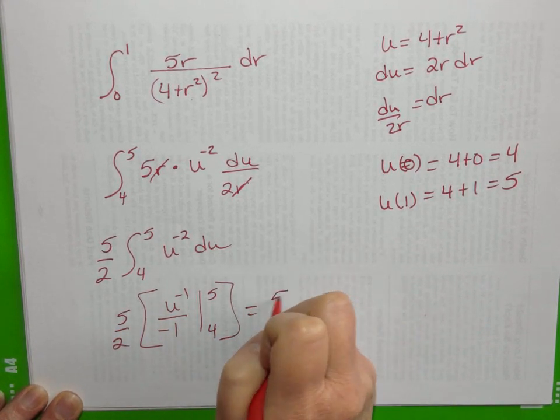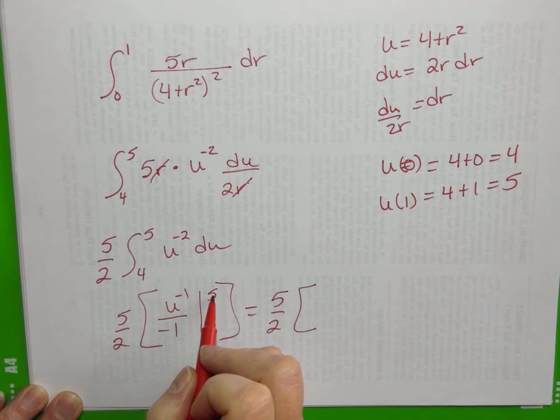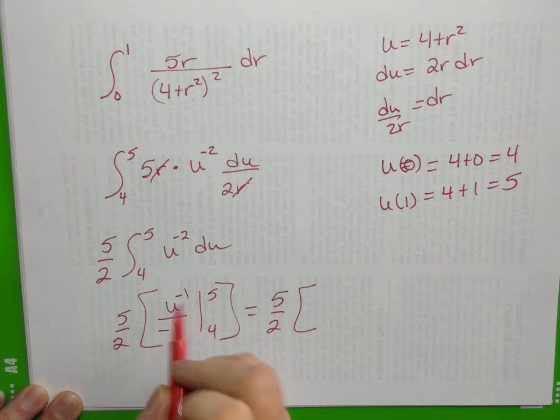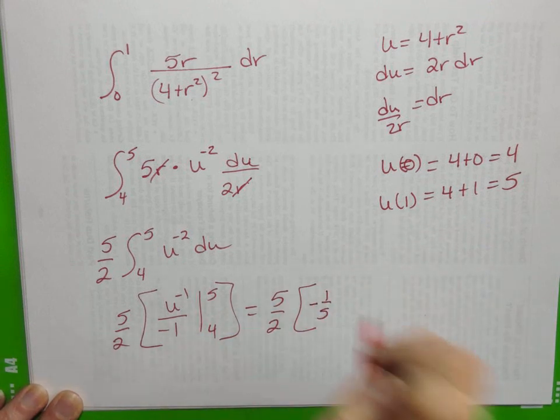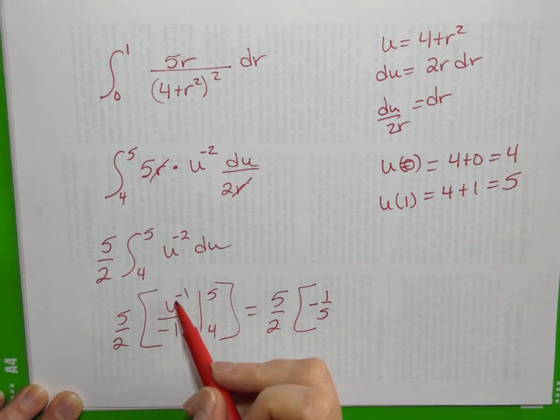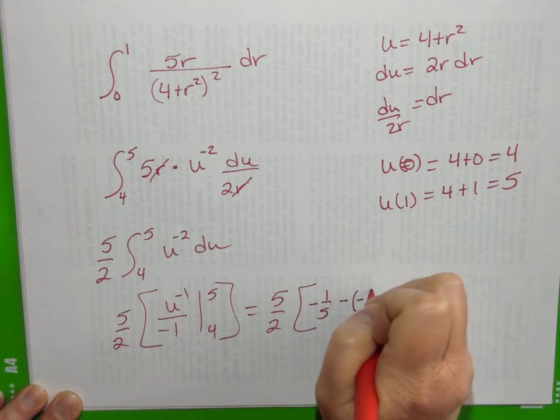So I have 5 over 2, times top minus bottom, so 5 to the -1 is 1/5. That makes it -1/5. 4, that's 1/4. That makes it minus -1/4.